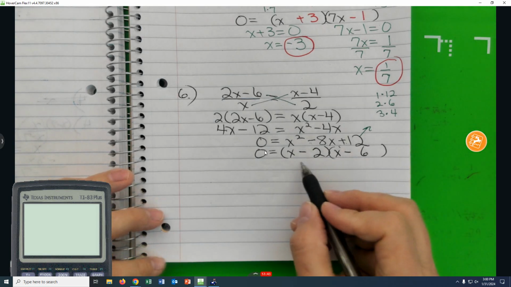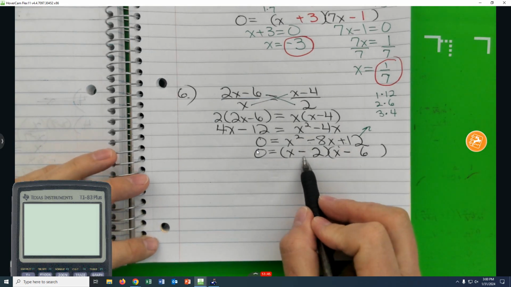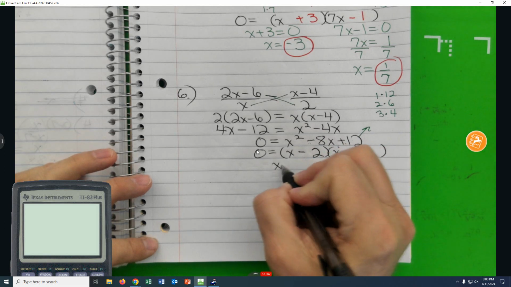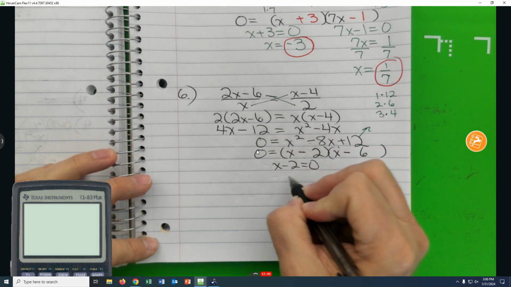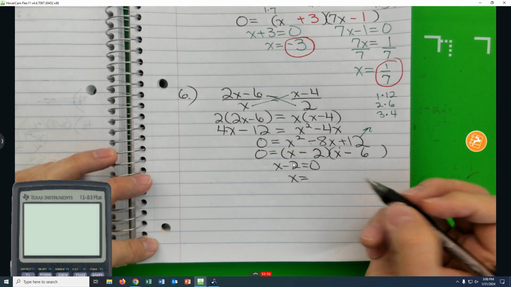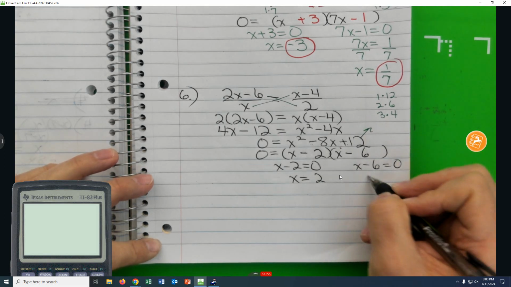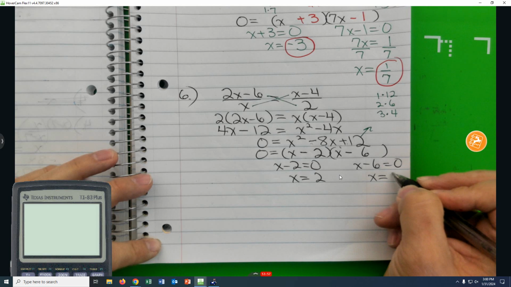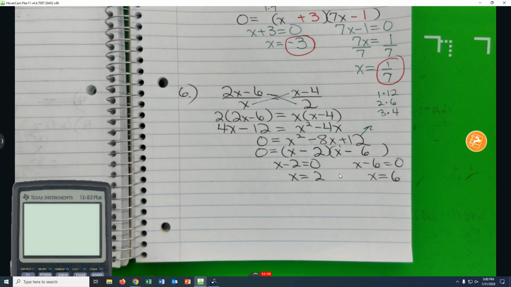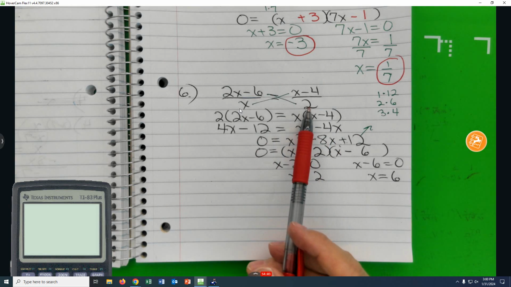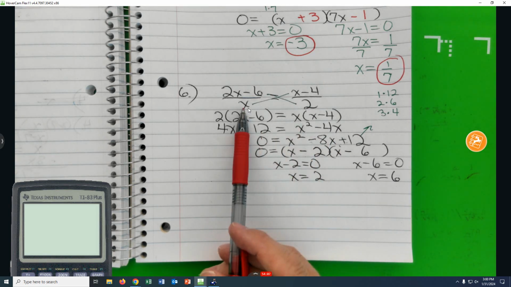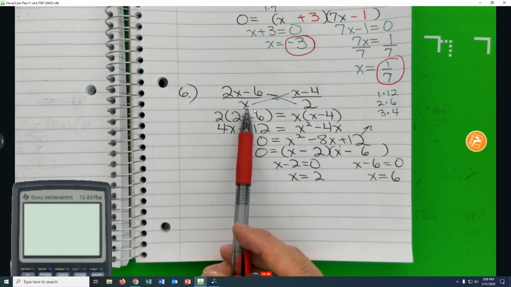And so, wait a minute, we have 2 different factors. X minus 2 equals 0 says x equals 2. X minus 6 equals 0 says x equals 6. I forgot to ask y'all right off: what would make the denominator 0? The denominator here is a 2, it's never going to be 0. What number would make this denominator 0?